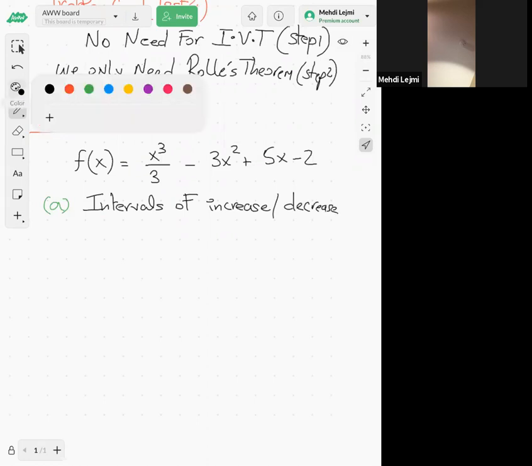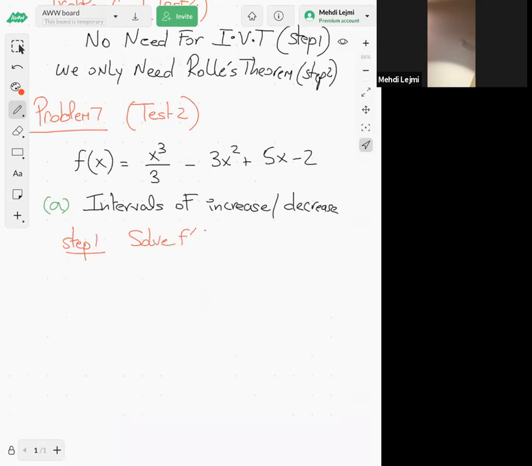First step, we have to solve f prime of x equal to 0. And then the second step would be to find the chart for the sign of f prime of x. So let's first solve f prime of x equal to 0. So what's f prime of x?